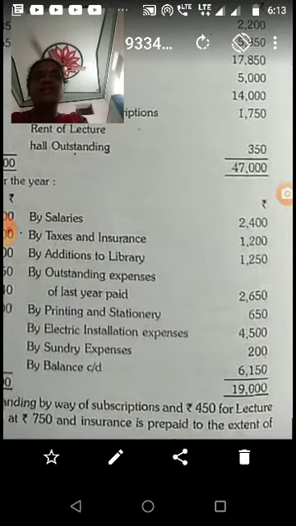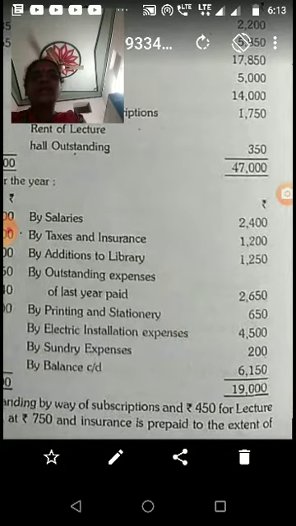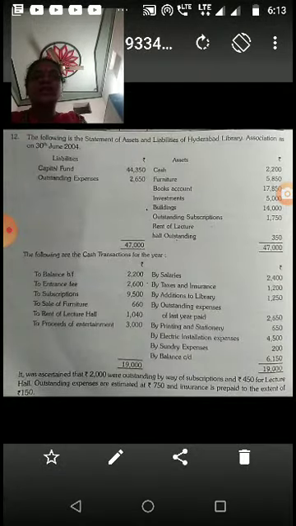Now the salaries are 2400, taxes and insurance 1200, additions to library 1250, outstanding expenses of last year paid 2650, printing and stationery 650, electric installation expenses 4500, sundry expenses 200, balance c/d is 6150. The total is 19,000.